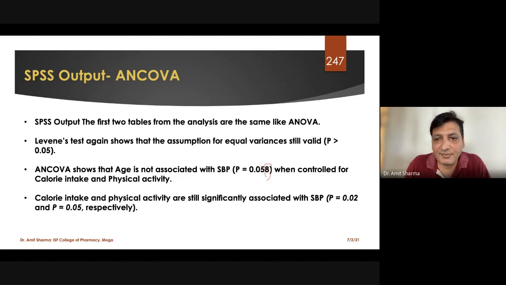Because of this value, because I need this value less than 0.05, whereas calorie intake and physical activity affect the systolic blood pressure, and they were found statistically significant. And you can write that age was found not statistically significant. So this was the test.